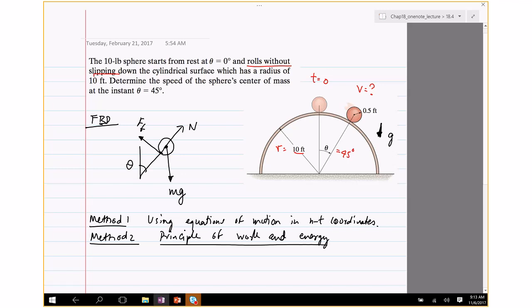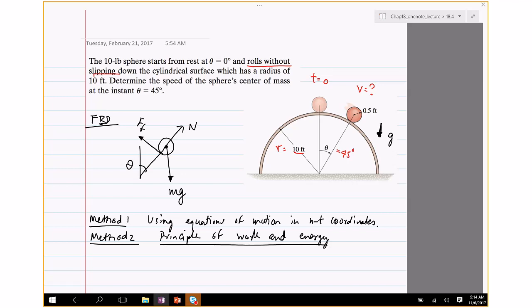There's another principle called conservation of energy, and we'll talk about it in the next section. We've done that in the past for particles. You could, in principle, use conservation of energy too. The reason why conservation of energy works in this case is because all the forces in this case are conservative forces. Now you may say, well, there's friction. That's not a conservative force.